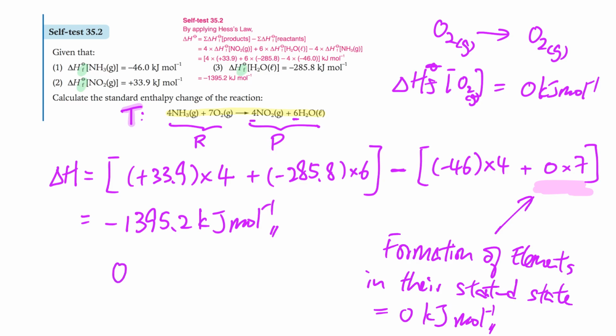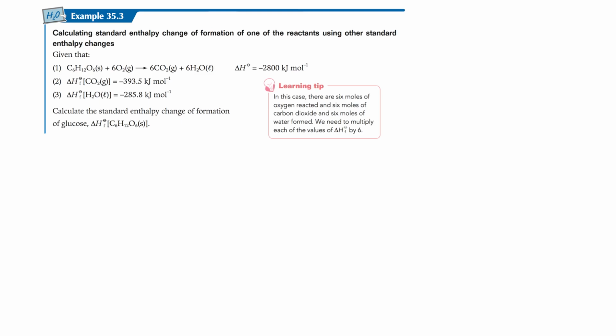But remember, if you have something like O3, then that will be non-zero because it is not the standard state. Got it? So this equation actually is not difficult to apply, but sometimes when you look at a question, you may not realize that you are able to use those equations. This is a very, very good example. So pay attention to that.